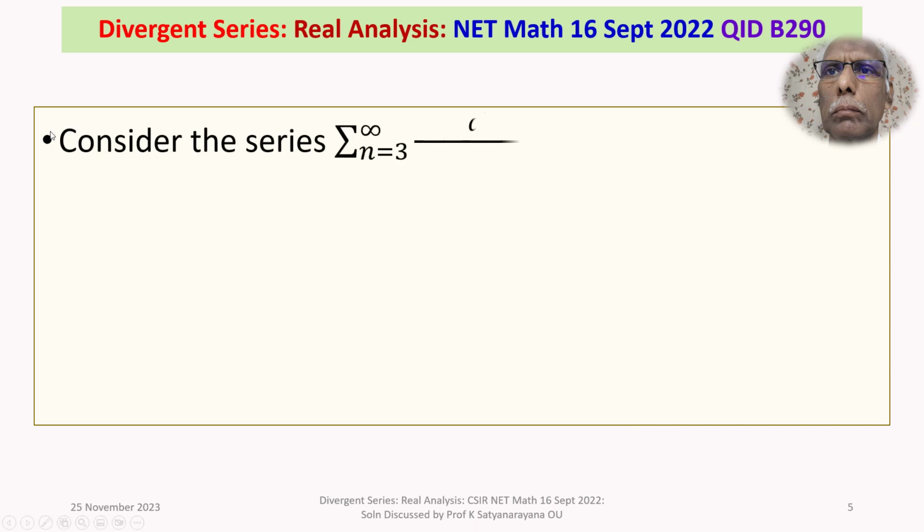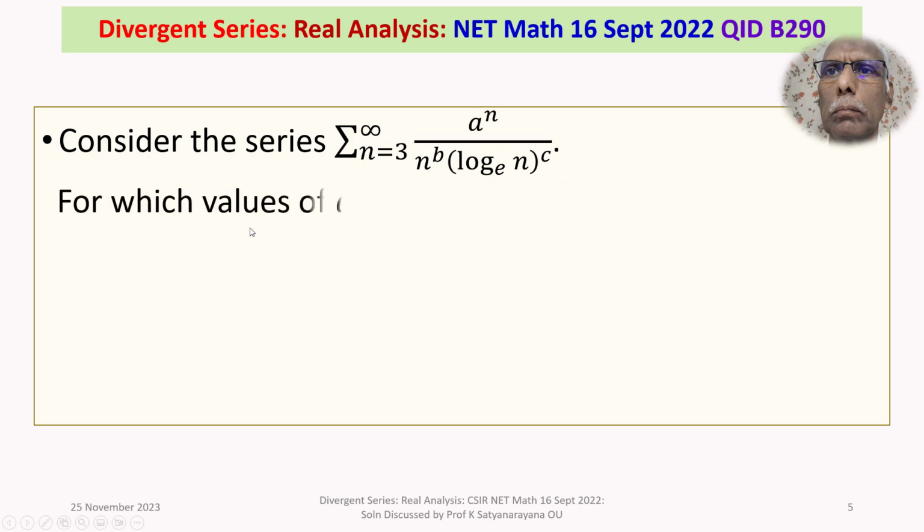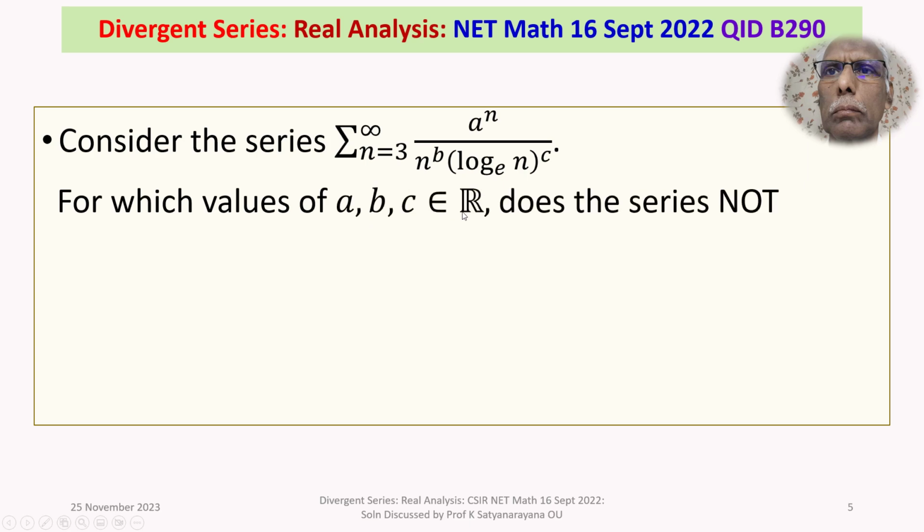The given question is: consider the series sigma n equals 3 to infinity a to the power n divided by n to the power b into log n to the base e, to the power c. For which values of a, b, c belonging to the set of real numbers does the series not converge?